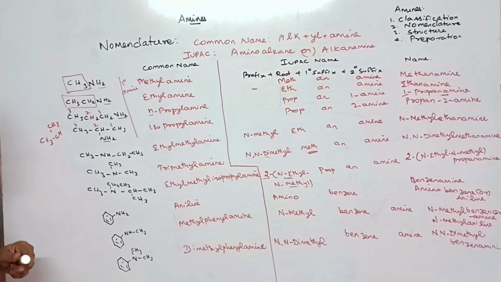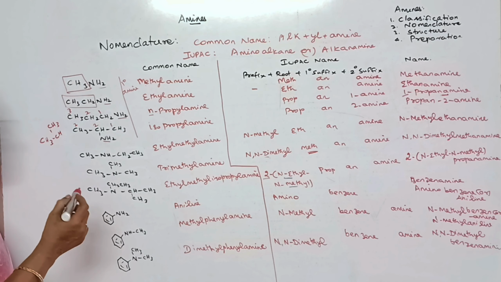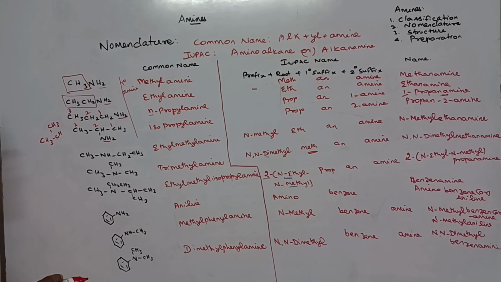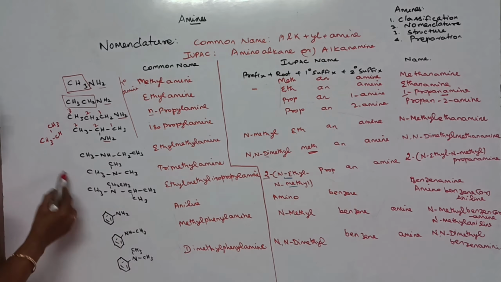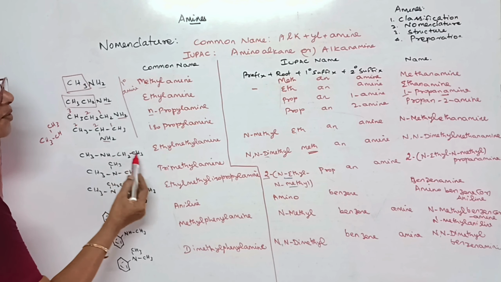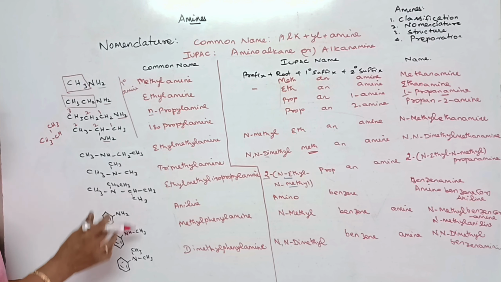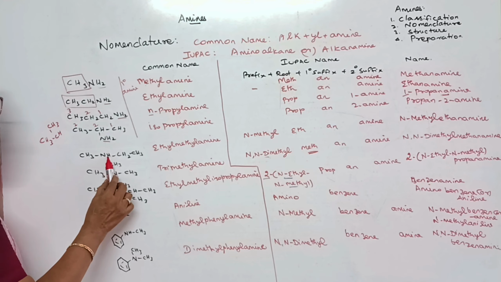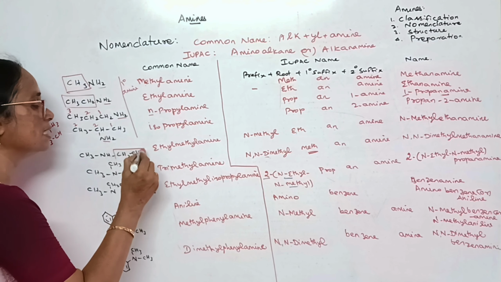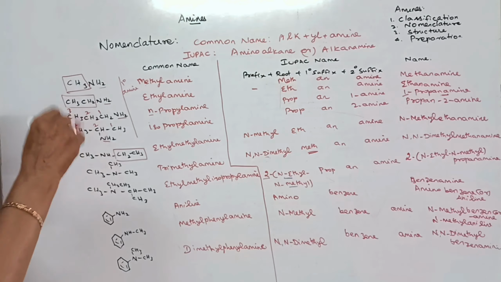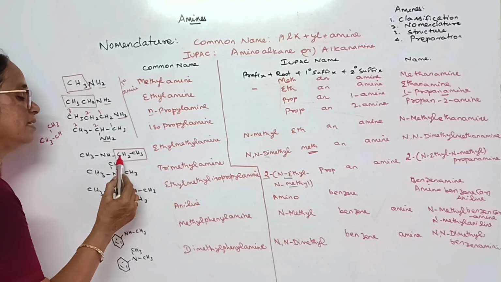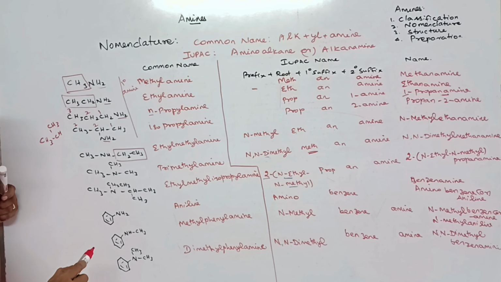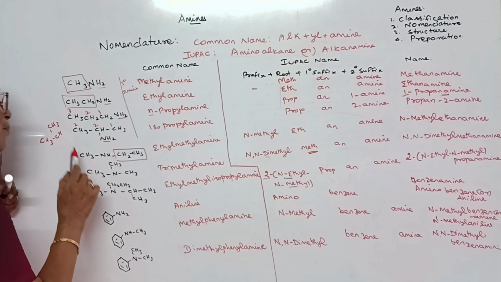And in the next case, I am going to take the secondary amine. In secondary amine, one more hydrogen atom of the NH2 group is substituted by some other alkyl or aryl group. In this case, I have methyl and ethyl group. When you give the common name, you should follow alphabetic order, so it becomes ethyl methyl amine. For the IUPAC name, you should find the longest chain. The longest chain should have more carbons. So the chain makes ethane, and the methyl is attached to the nitrogen atom. So you have to indicate which atom the methyl is present on.